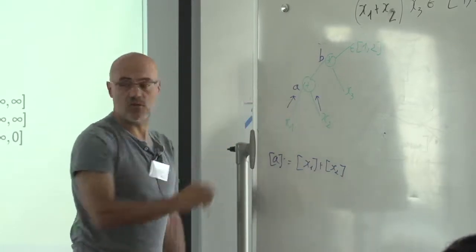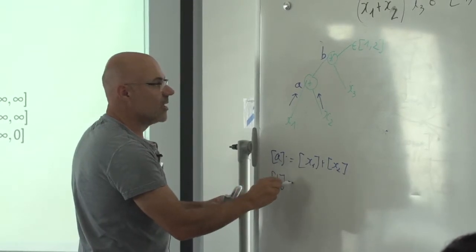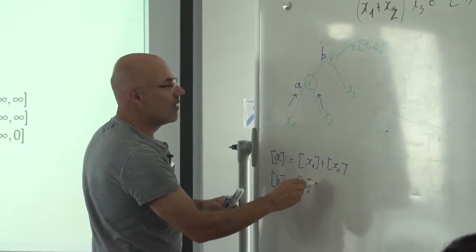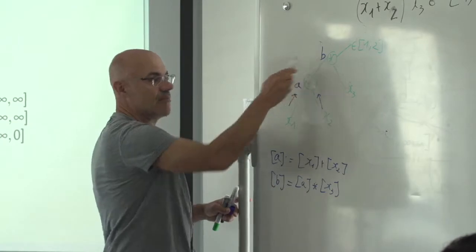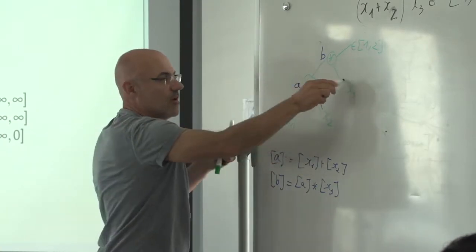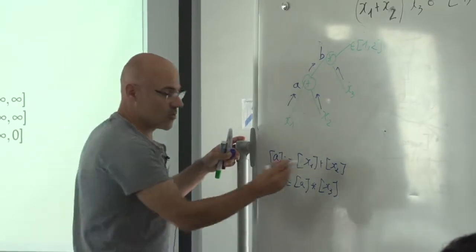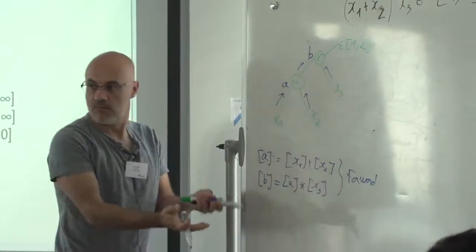I have all possible values for A. Then I will do B equal A multiplied by x3. I am here. I have the information like this. It corresponds to the forward propagation.